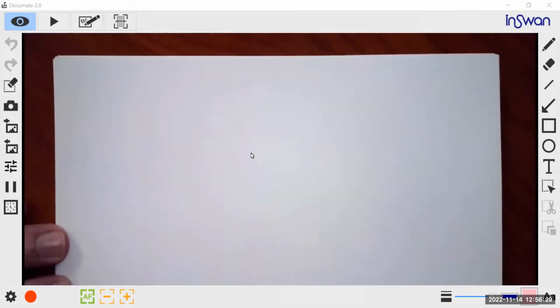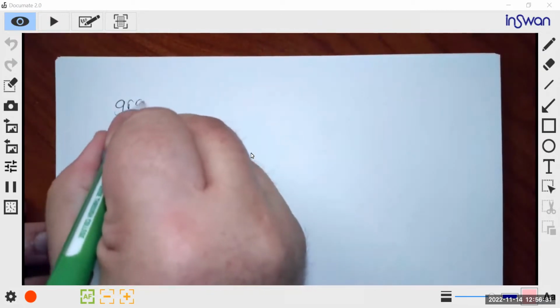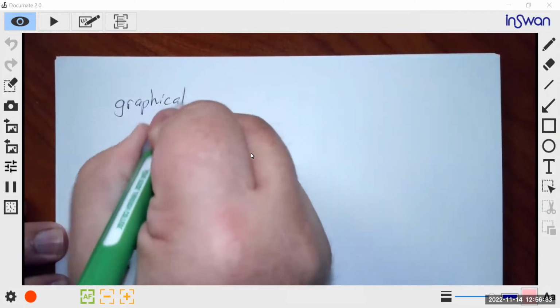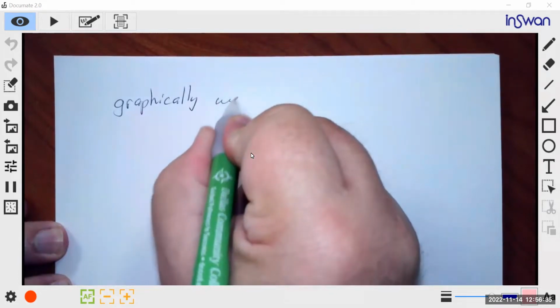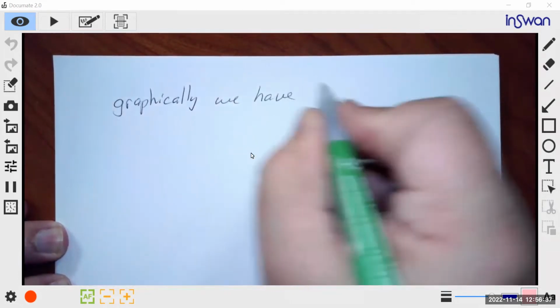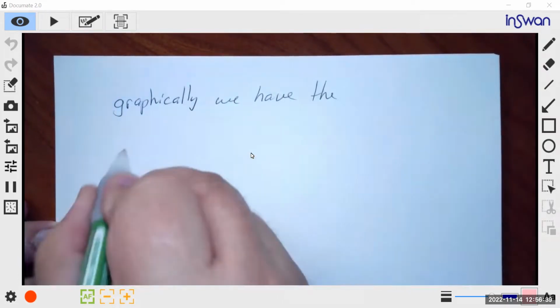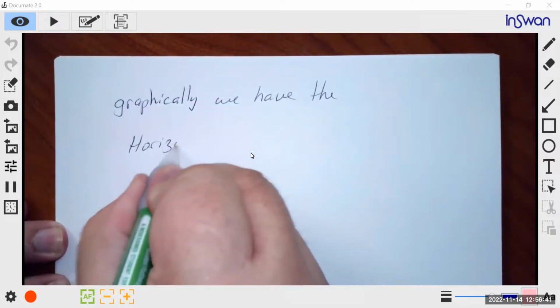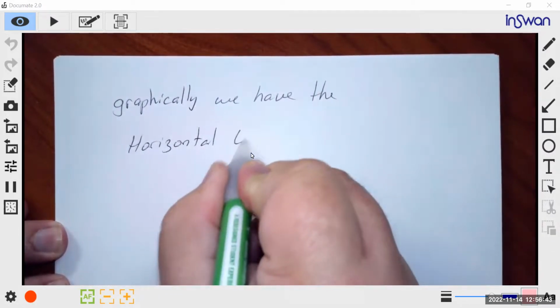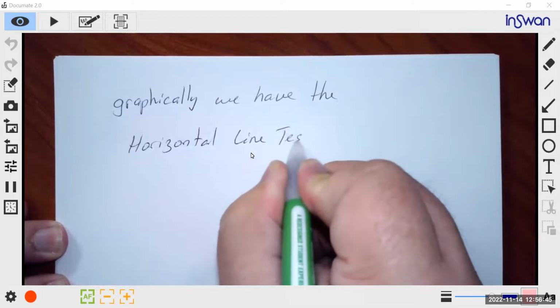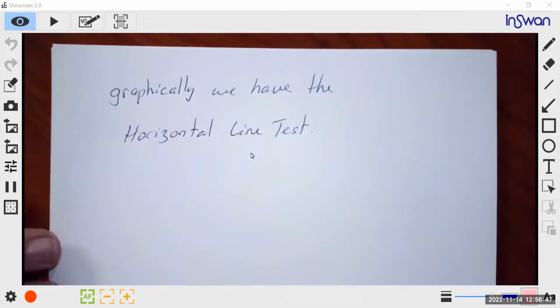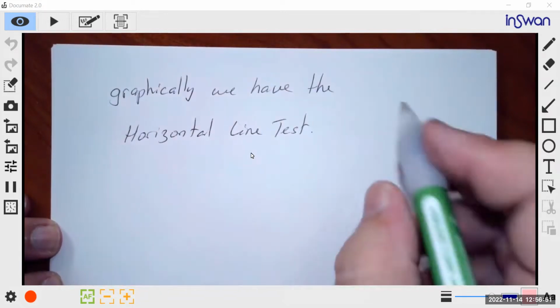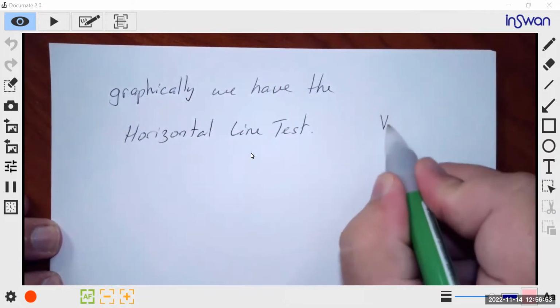If A and B are equal, then what we have graphically is the horizontal line test. Earlier, we talked about the vertical line test.